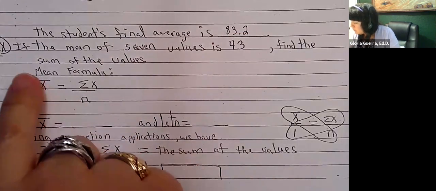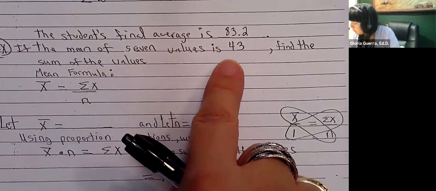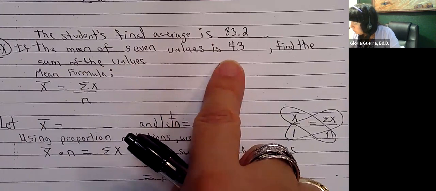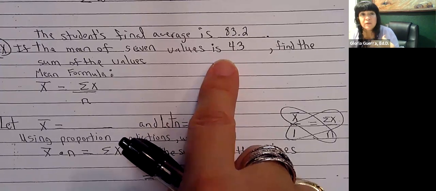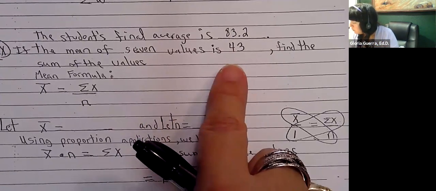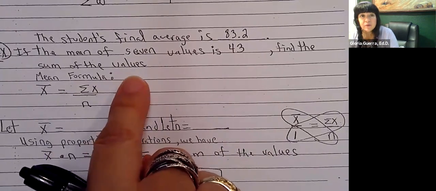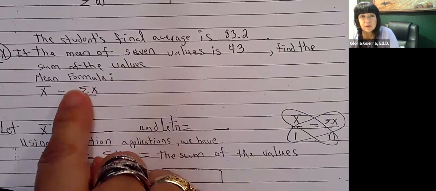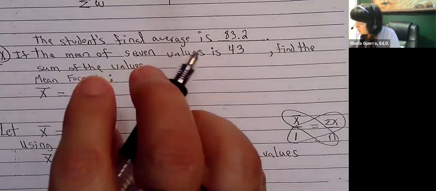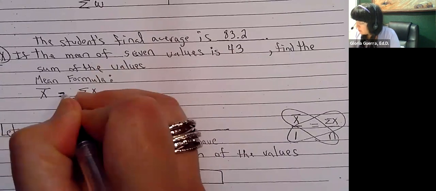Okay, so it says here that if the mean of 7 values is 43, so you've added them all up and they're divided by 7 and it gives you 43. They want you to actually find the sum of the values. So the idea of your mean formula is you go back to the very first formula that we had.